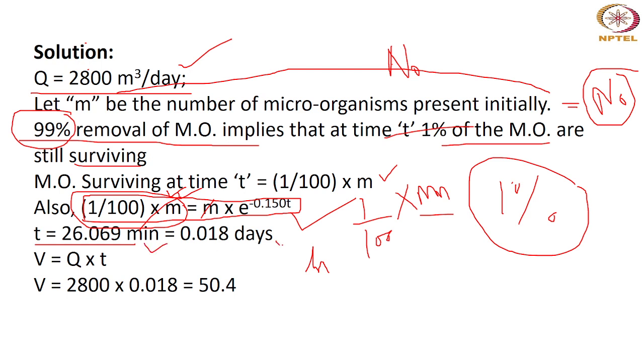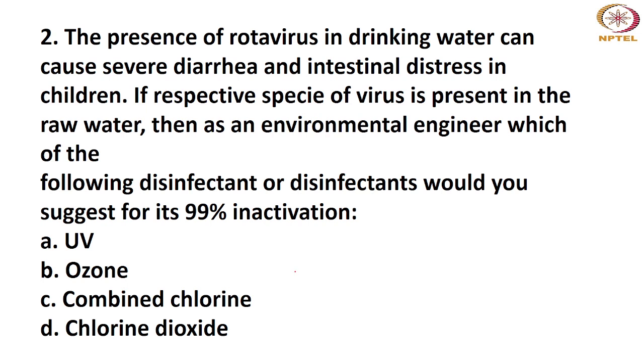You can convert into days, 0.018 days, and then we know that V equals Q multiplied by t. Q is the flow rate, 2,800 meter cube per day. So 2,800 multiplied by 0.018 days, and you will get the volume as 50.4 meter cube. So that is my answer.